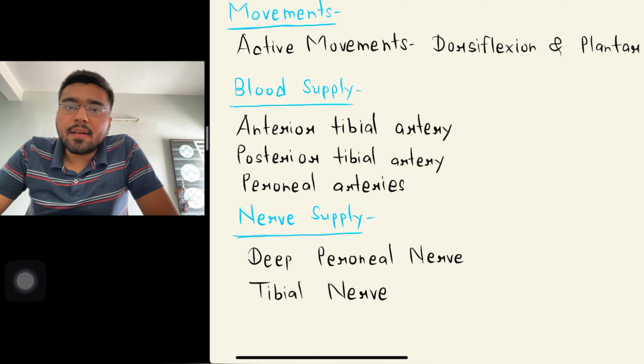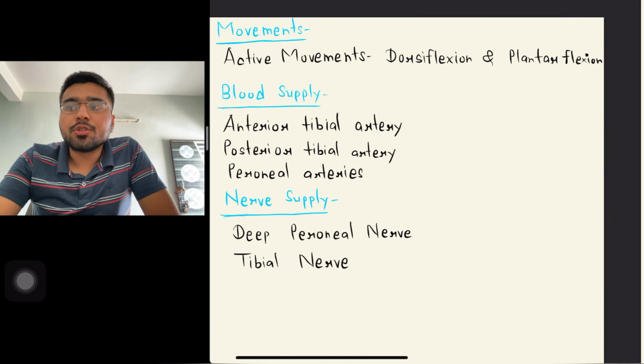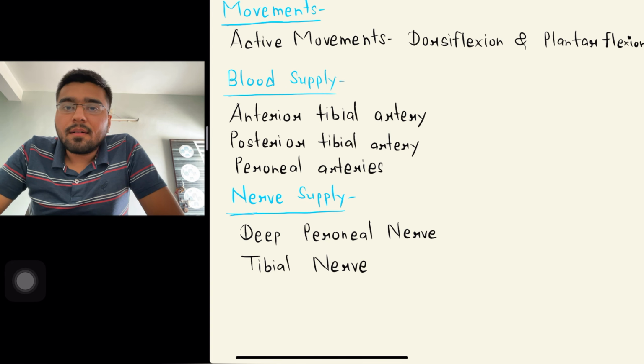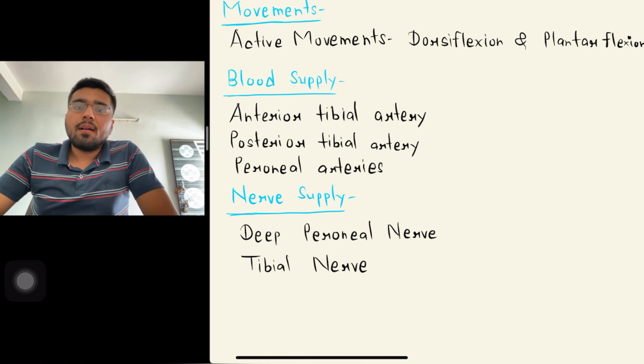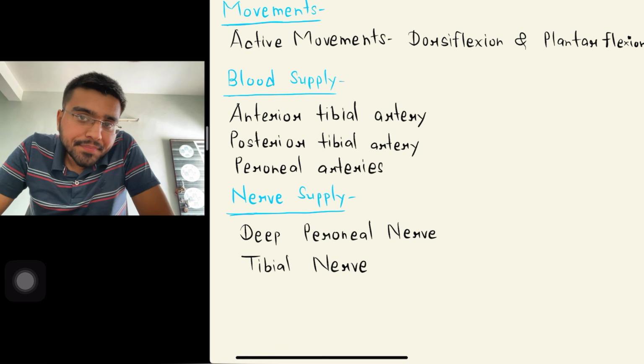Now let us discuss what movements are possible in the ankle joint. Like I have said first, the ankle joint has two movements because of its synovial variety of hinge joint.